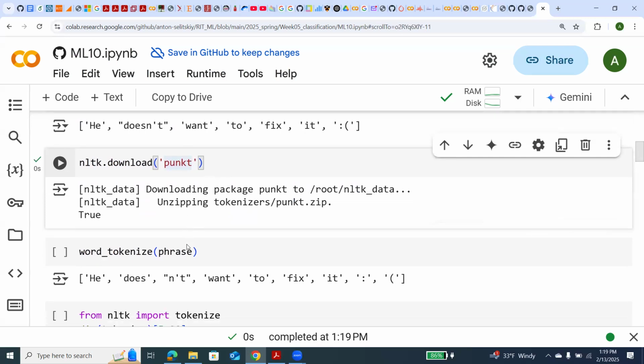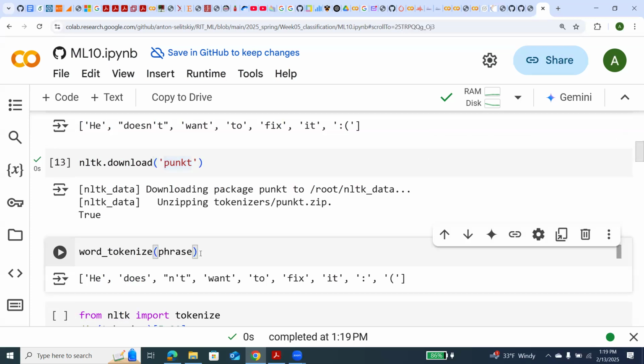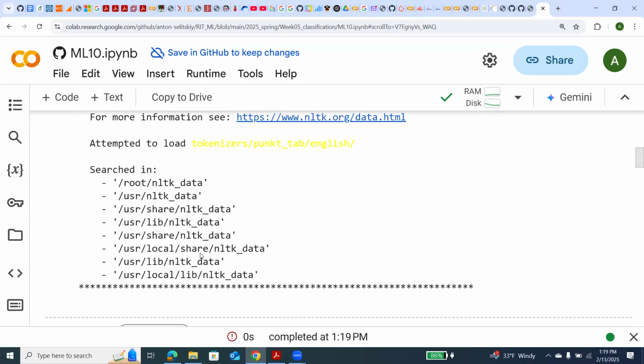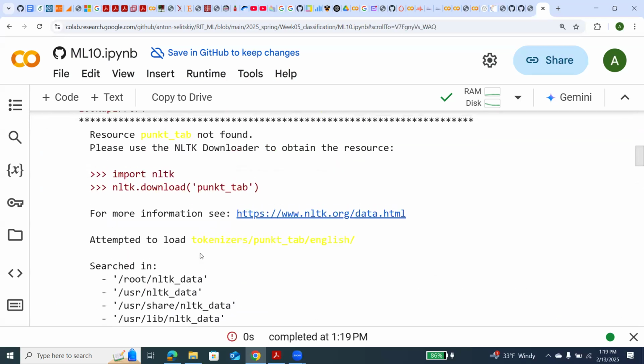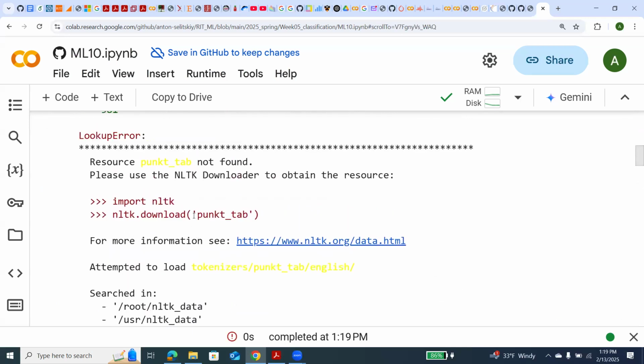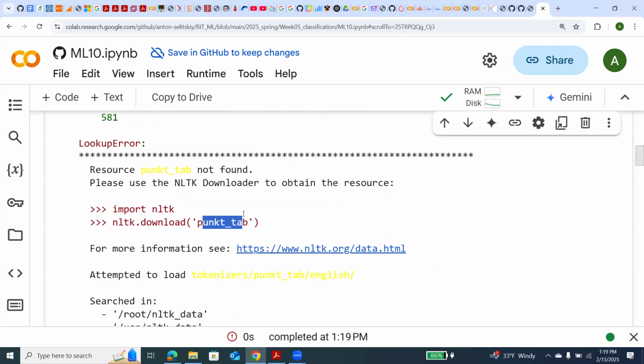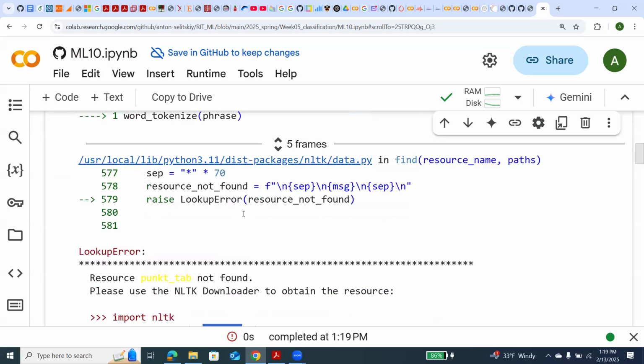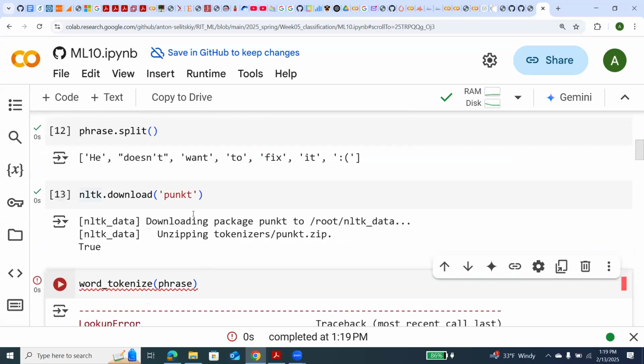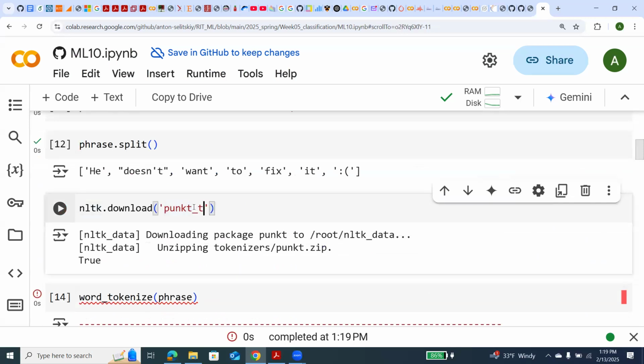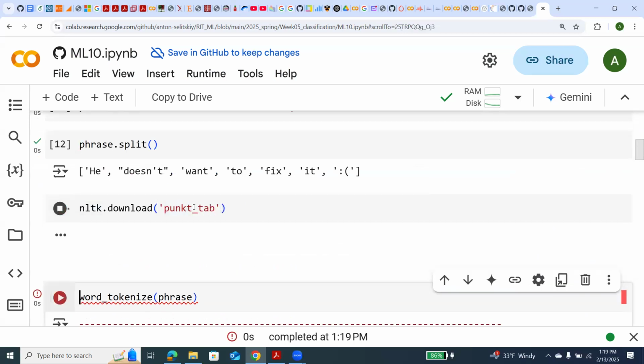There are different tokenizers. So here I'm using punctuation. It will split like this. What? Oh, it doesn't work. Okay, it looks like they changed the name, punkt tab.